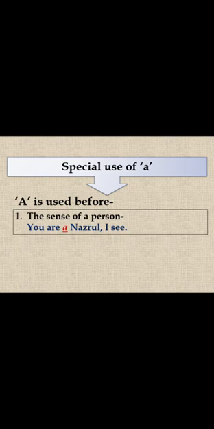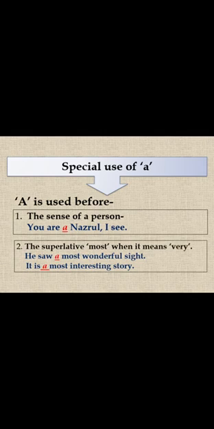So if there is comparison, there will be a or n. The superlative most, when it means very. When most means very, there will be a. I saw a most wonderful sight. That means very wonderful sight. It is a most interesting story.